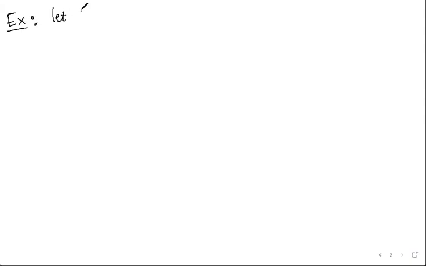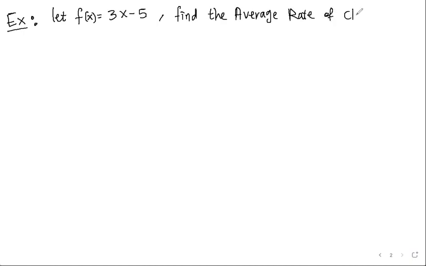So the example now, let f of x equal 3x minus 5. The question is now find the average rate of change between number 1, x equal 0 and x equal 1.